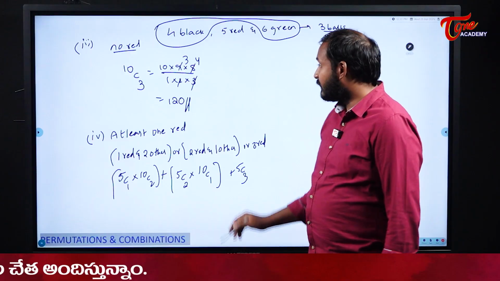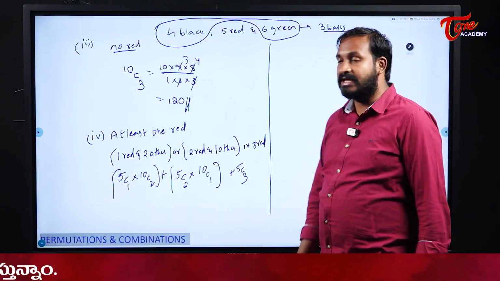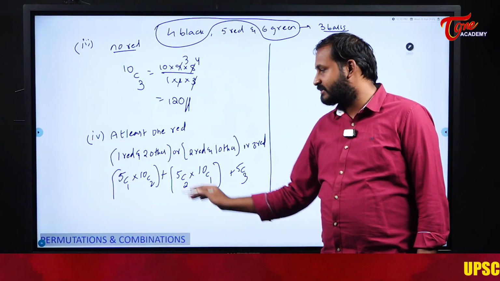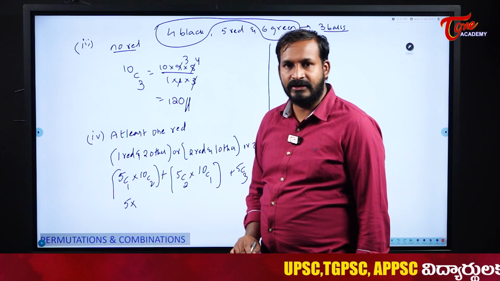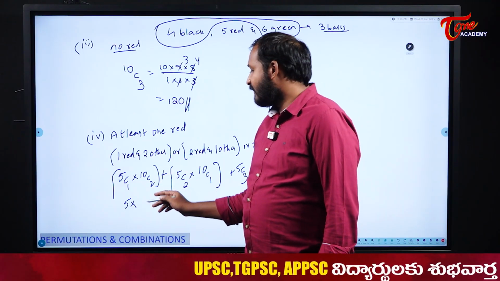This is one method. If you solve this, 5C1 is 5, and 10C2 means 10 into 9 by 2, so 5 into 45 is 225.